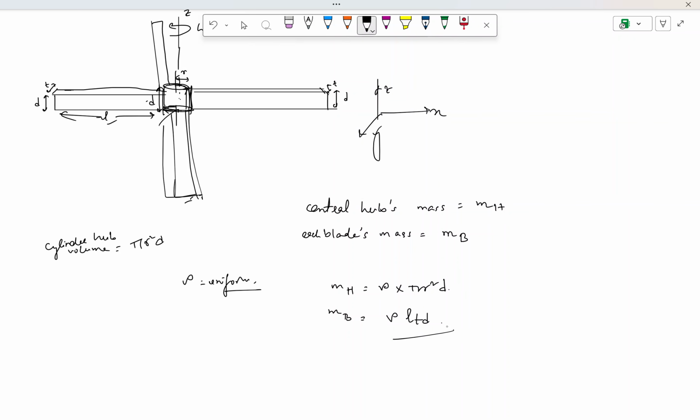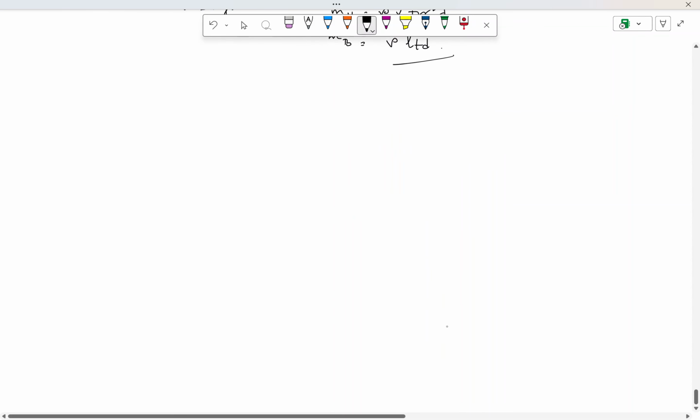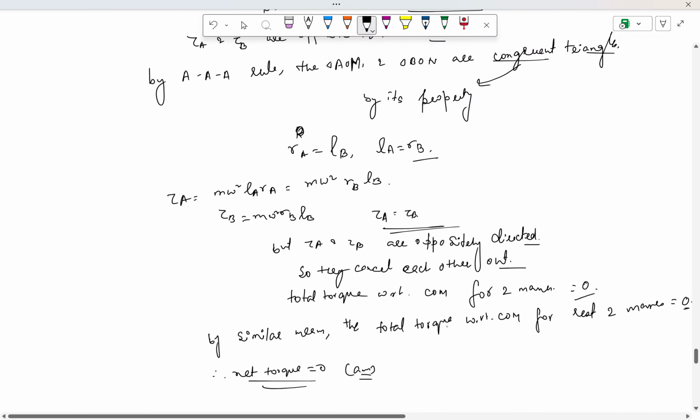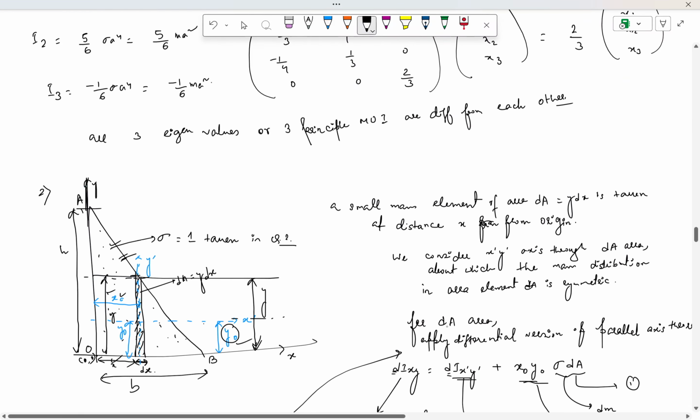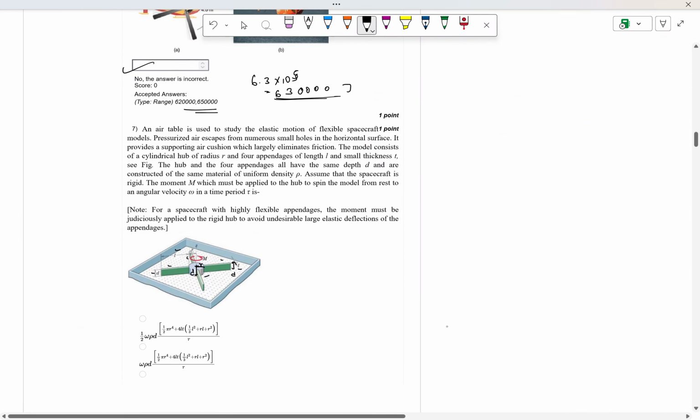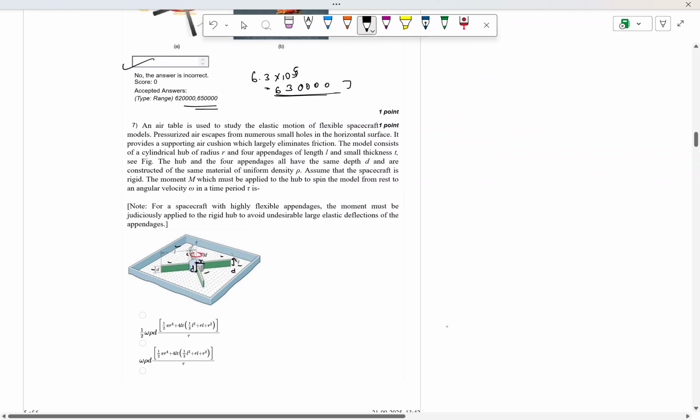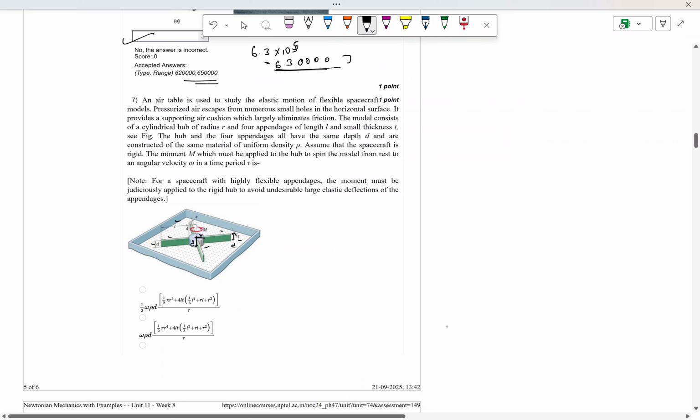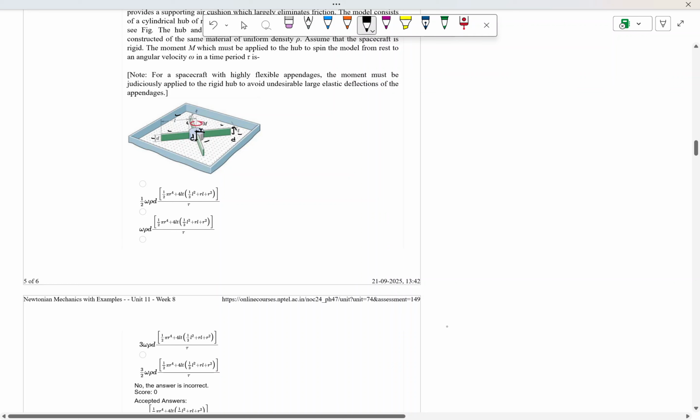Okay. So what was the question? Let's read the question again. The moment must be applied to the hub to spin the model from rest to an angular velocity omega in a time period of tau. How much is it?